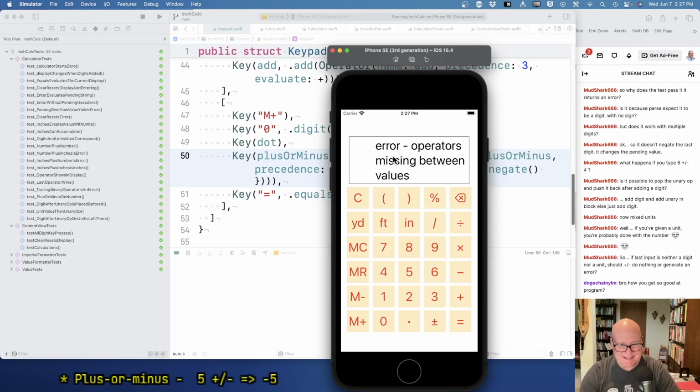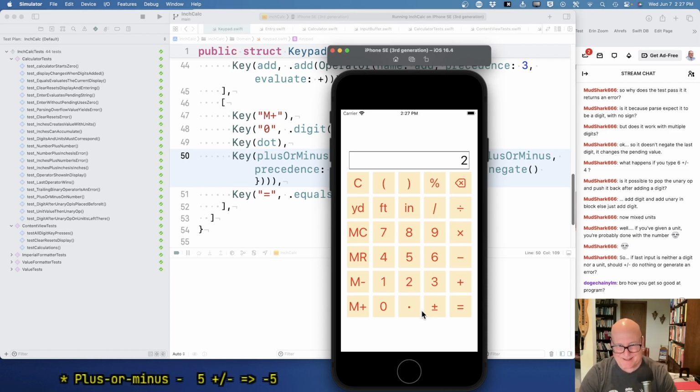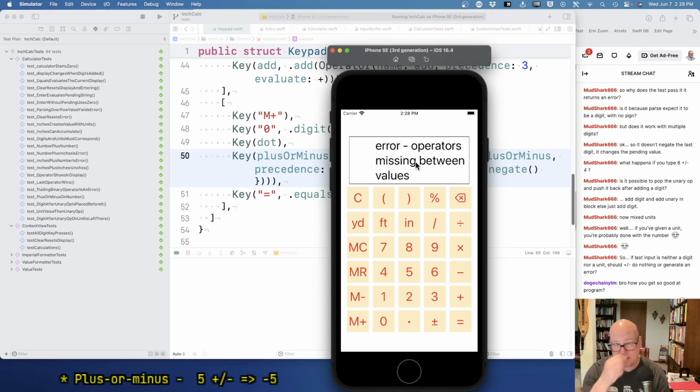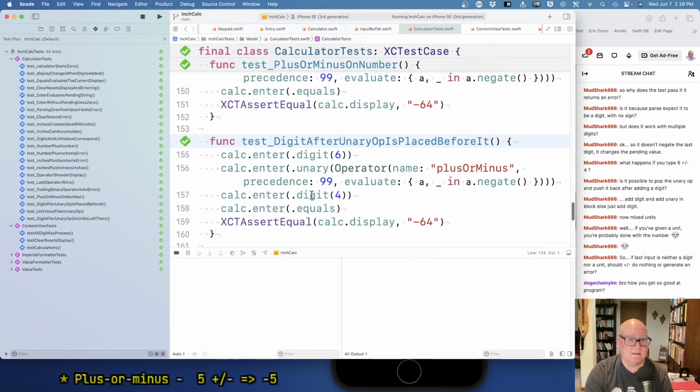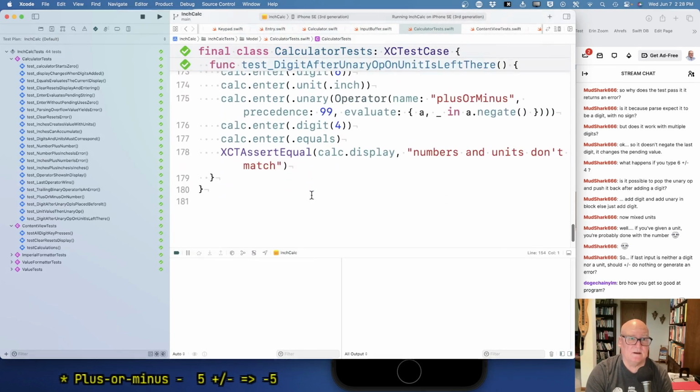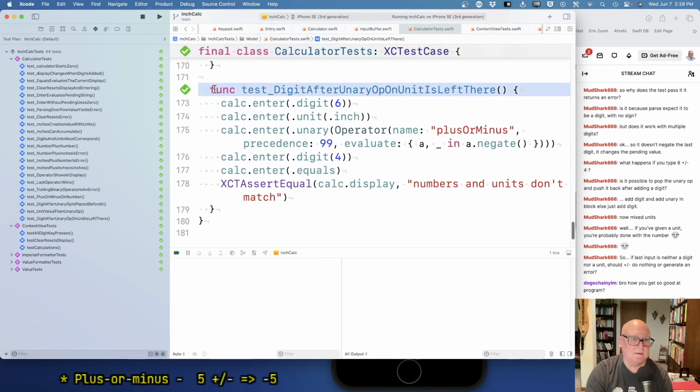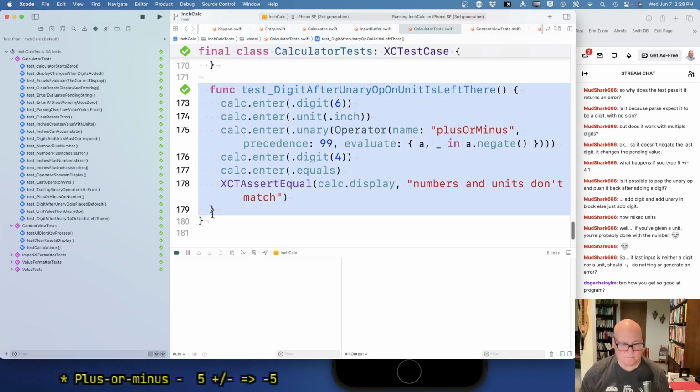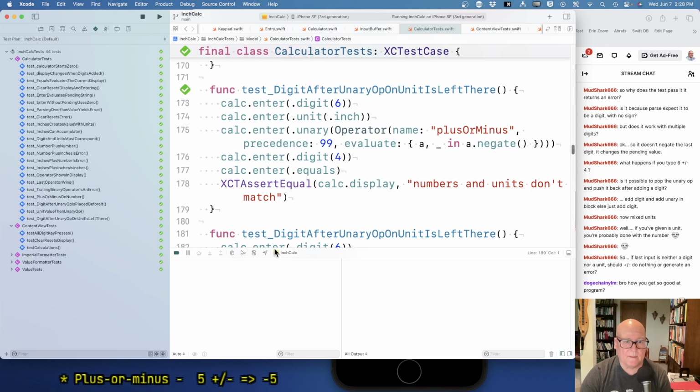But, you know, like I said, I was expecting that to kind of work, and it doesn't. 2 plus or minus plus 3. So that should be minus 2 plus 3 equals 1, and we're definitely not getting it. So let's put that case in, maybe down here. Okay.